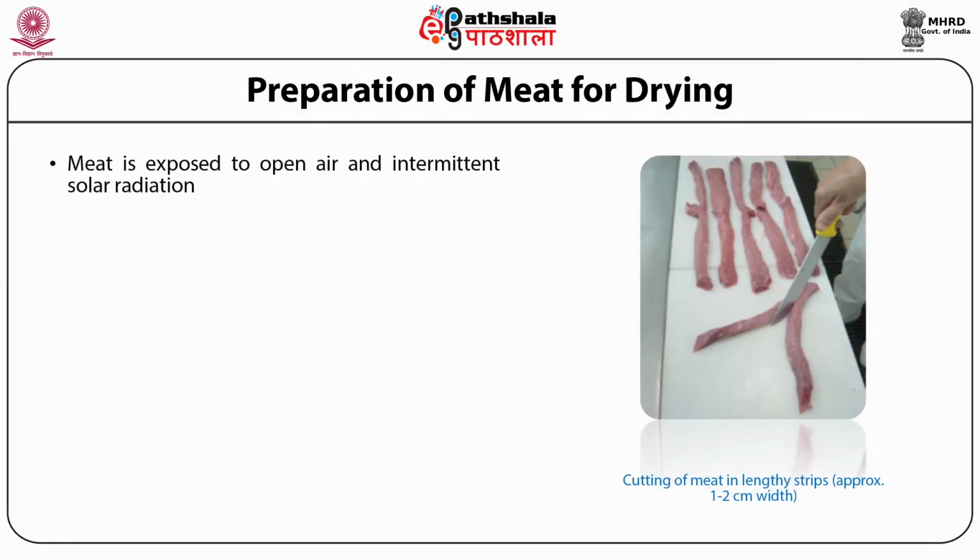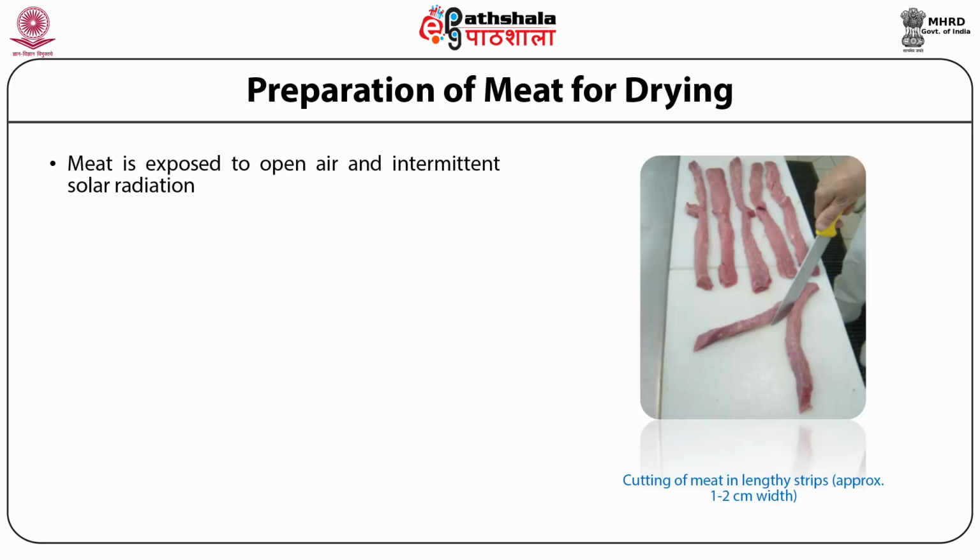The meat is exposed to the open air and intermittent solar radiation and quickly loses substantial amounts of its tissue moisture. The drying process will be faster the shorter the distance from the center of the meat piece to its surface.